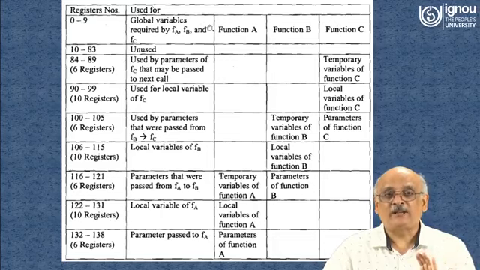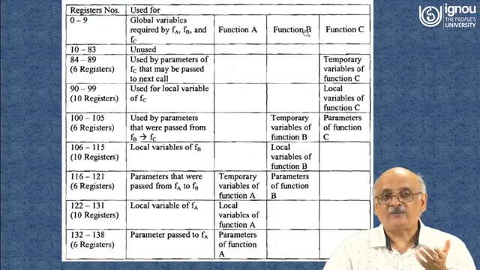Now how are those 32 registers going to be used in RISC? So first, these 10 registers are global. Irrespective of function A, function B or function C, all of these functions are using these global variables. Obviously, whatever changes they make over there does not matter, because those global variables are expected to be changed.